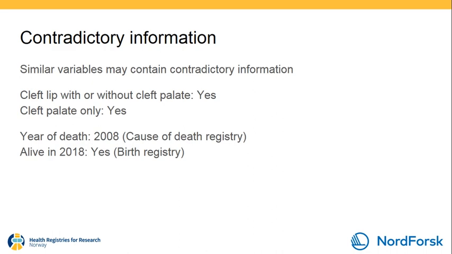So in the case with a cleft lip, with or without cleft palate, or the cleft palate only, we just don't know unless we have information from other registries, such as maybe the cleft and palate registry or something like that. But in the other case, where you have year of death from the cause of death registry and alive in 2018 from the birth registry, then the cause of death registry is probably more trustworthy.